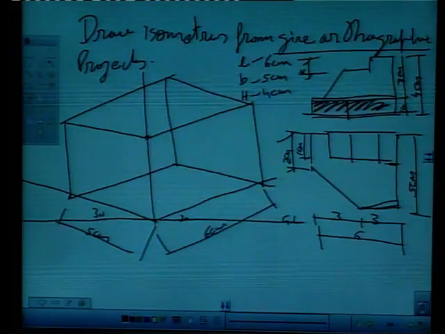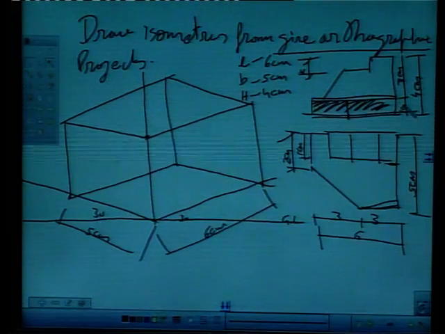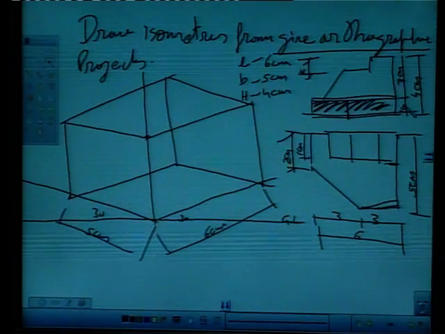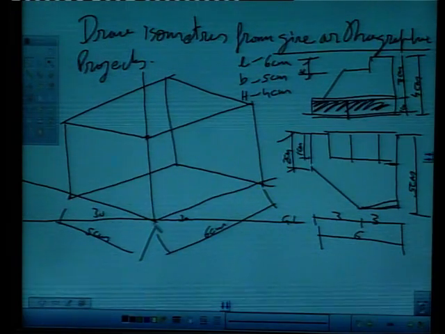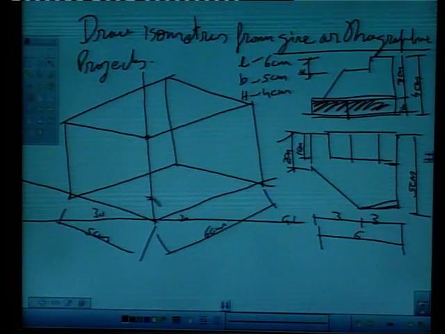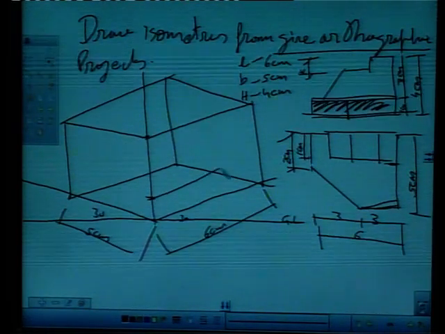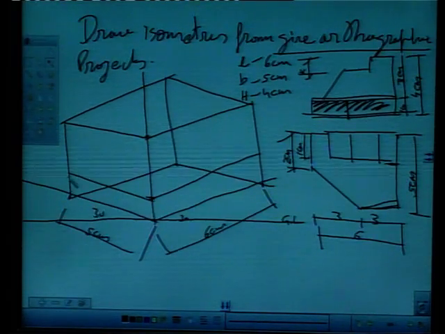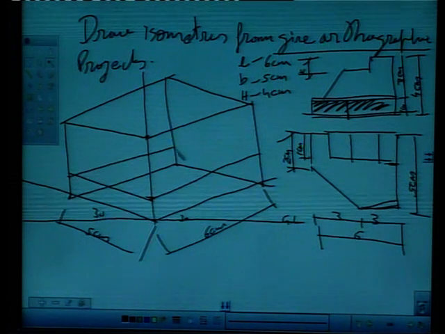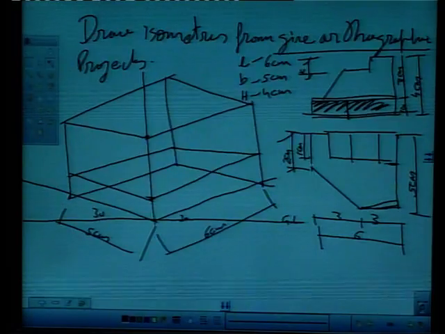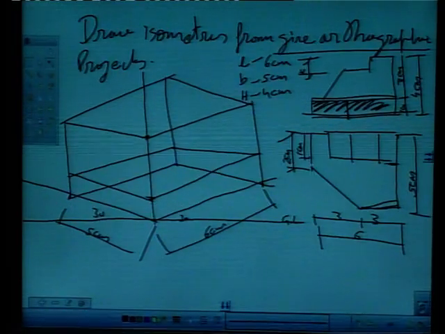From elevation we know that height of the base is say 1 centimeter and its length is 6 and breadth is 5, right. We will mark height on this and draw a parallel line like this and a parallel line like this and parallel line like this and parallel line like this. All these lines are at 30-degree, right, towards left or towards right.